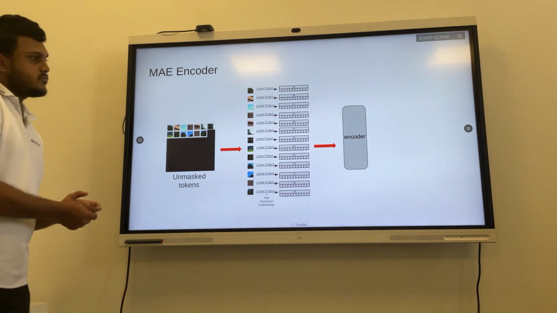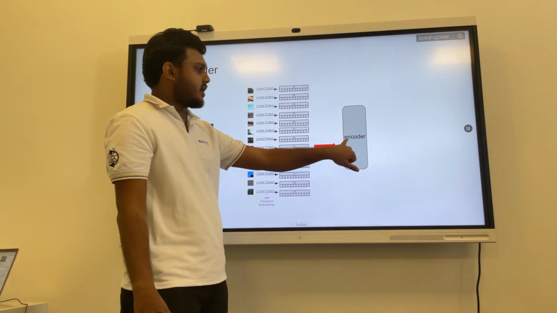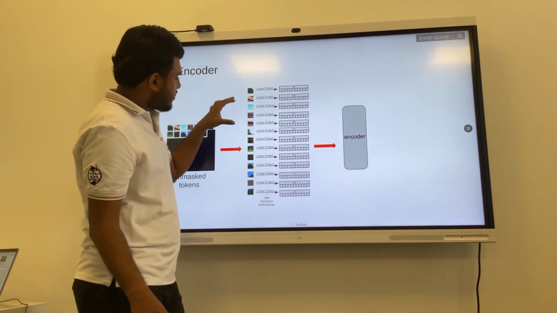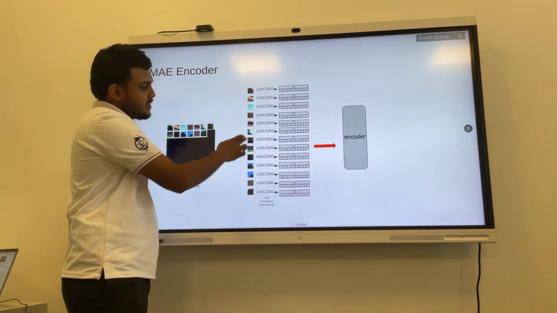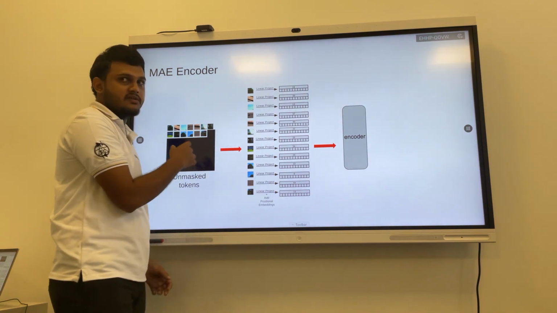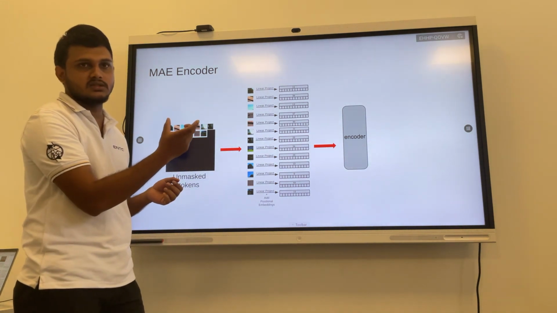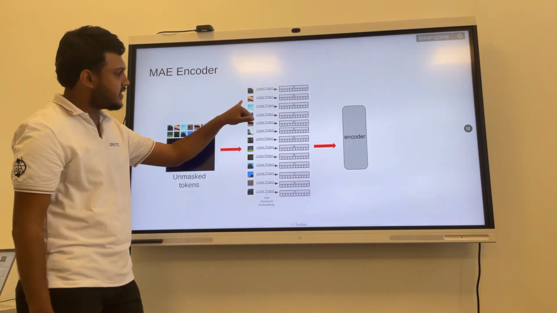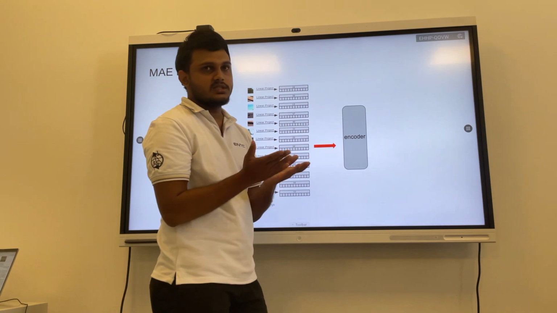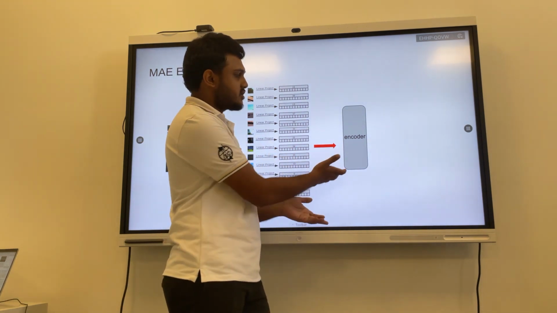Now for the encoder they are using a ViT based model, and you can see we are only feeding the unmasked patches, we are not feeding the masked patches. In BERT we saw we are also feeding the masked tokens, but here we are only feeding the unmasked tokens. By doing that, let's say we have a certain number of parameters to be used in this model.